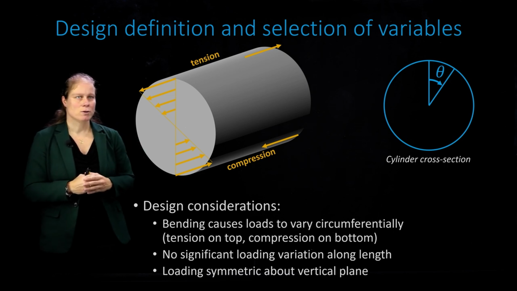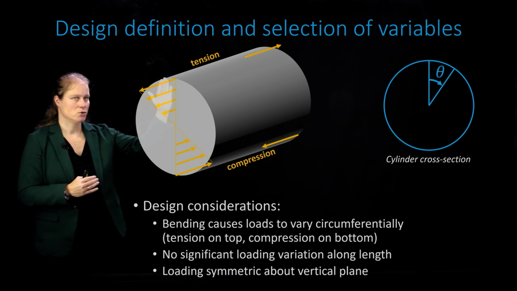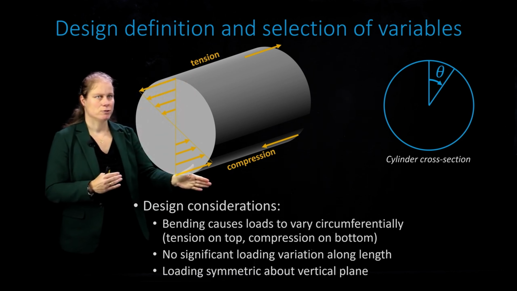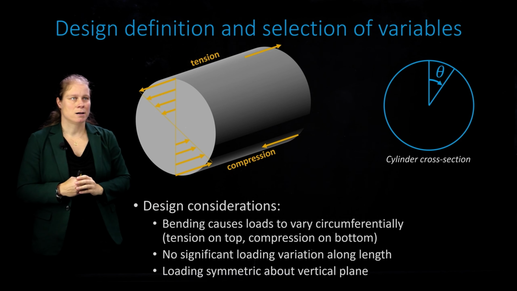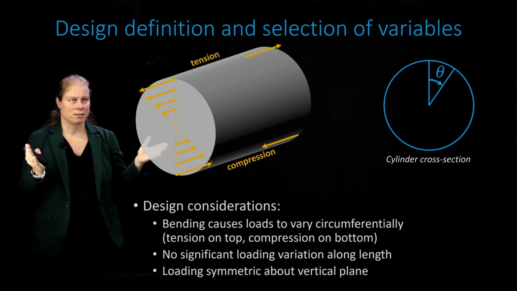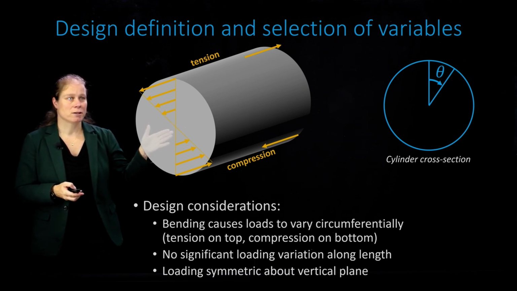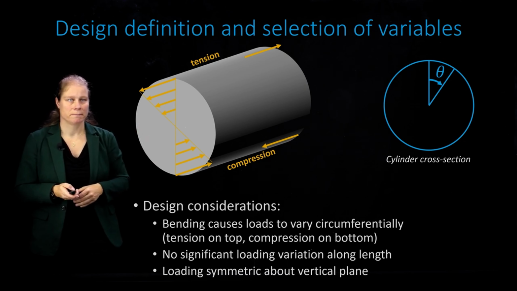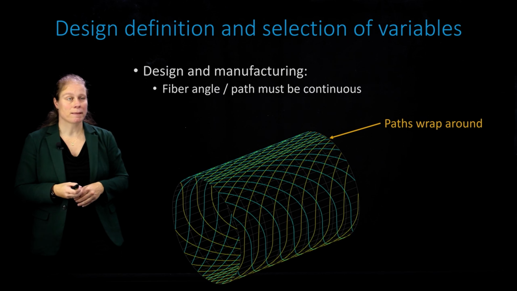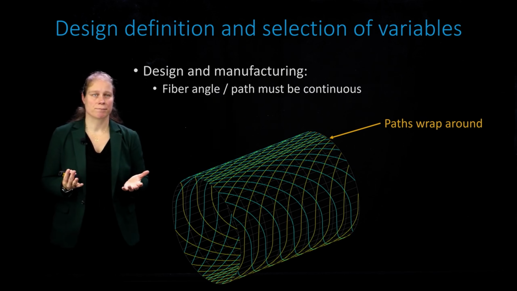And when you draw a vertical plane through this cylinder, the left and right-hand sides should behave symmetrically because my load is symmetric. Again, you have the cylinder cross-section there, and the vertical line would be your vertical plane. So that's from a loading perspective.